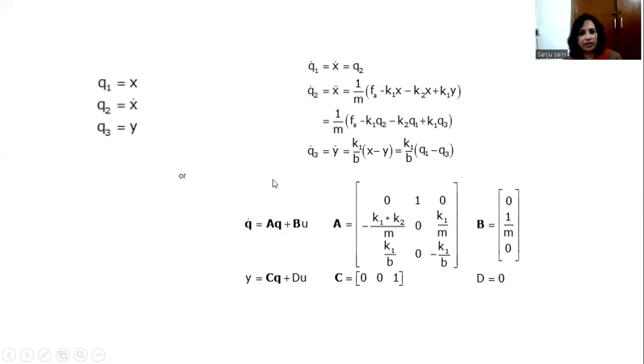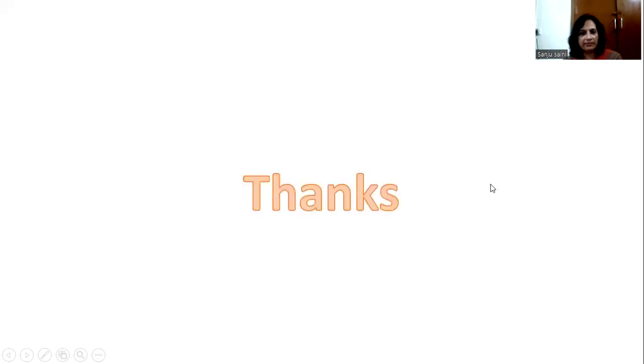Then we have written q dot is equal to A into q plus B into u. If we put all these values, we'll get the A matrix as equal to this, the B vector as equal to this, the C vector as equal to this, and D as equal to 0. This is the way we get the state variable modeling of the mechanical system.